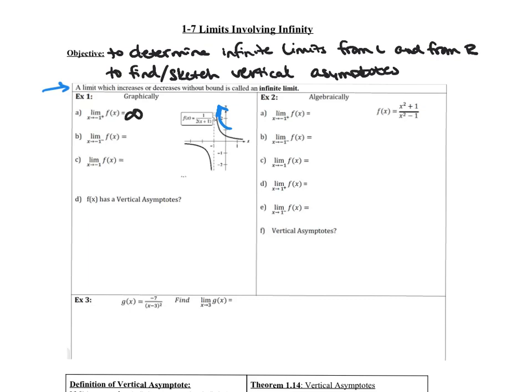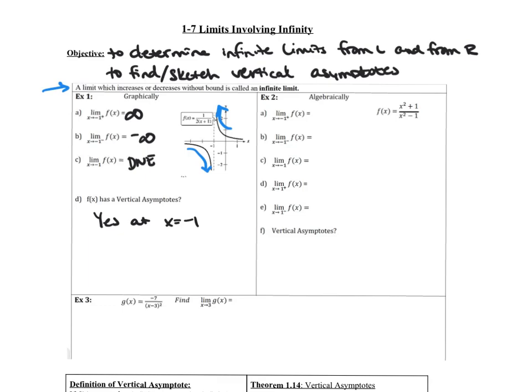Then we will look at the limit as x approaches -1 from the left. And we see that our y values are approaching negative infinity. Because these are not approaching the same value, the limit does not exist. But this function does have a vertical asymptote at x equals -1.